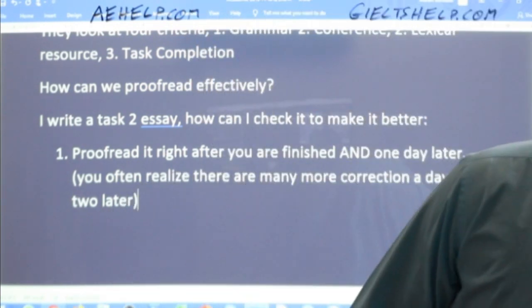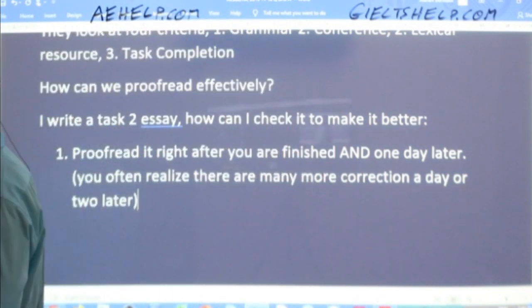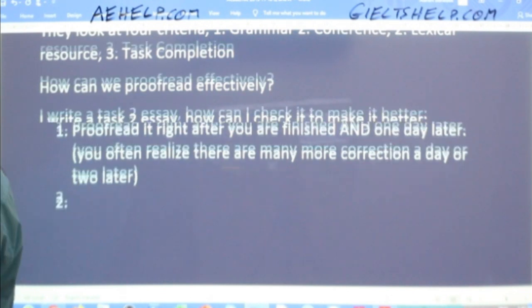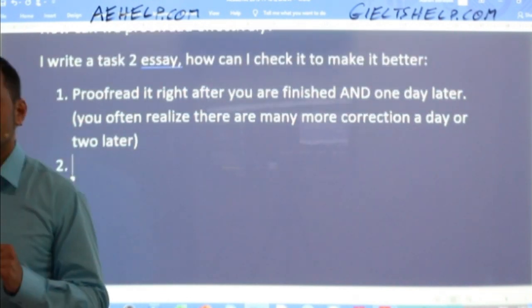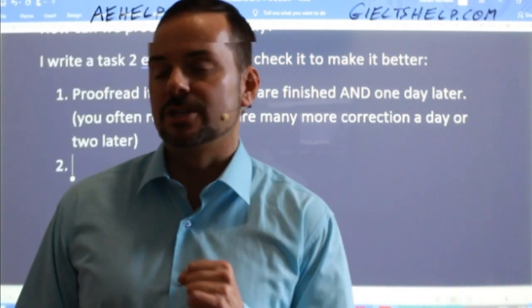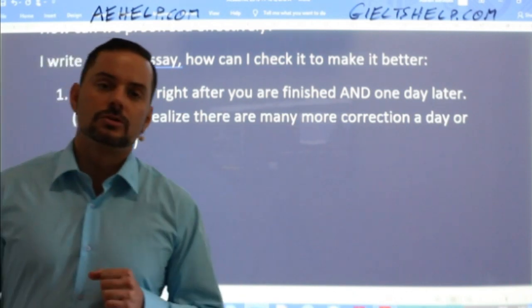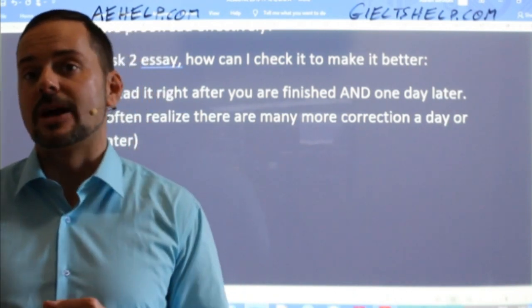Okay, so that's one of the important steps that I can give you to help proofread. Number two, I see there are more questions coming up now, but this is a really good question by Hassan, and it's one that many students don't pay enough attention to. So I really want to encourage you to work on your proofreading strategy. Okay.